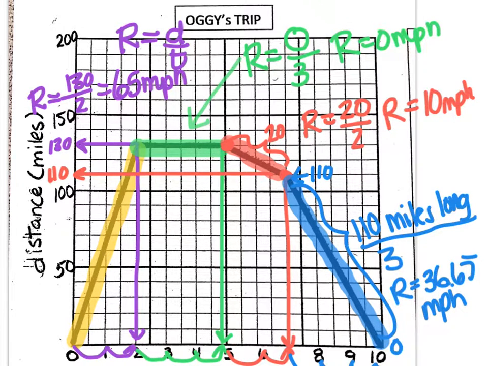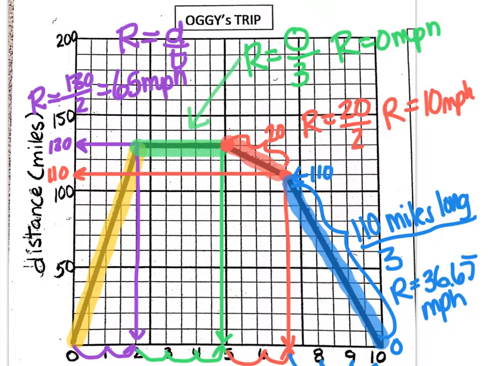Our third leg started here at 130 miles. And we drove or biked or walked for 2 hours. And in that 2 hours, we went 20 miles because we can see that this leg stopped at 110 miles, okay? So therefore, that's how we got the 20. 20 divided by the 2 hours, that's how long this line segment lasted, gave us 10 miles per hour.